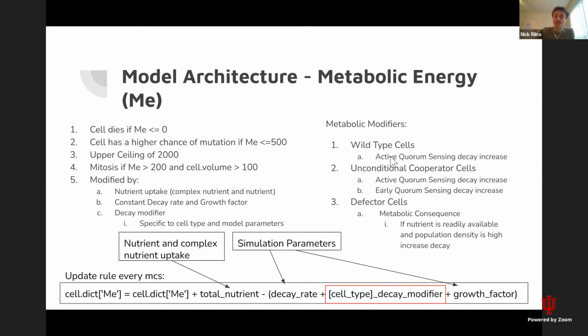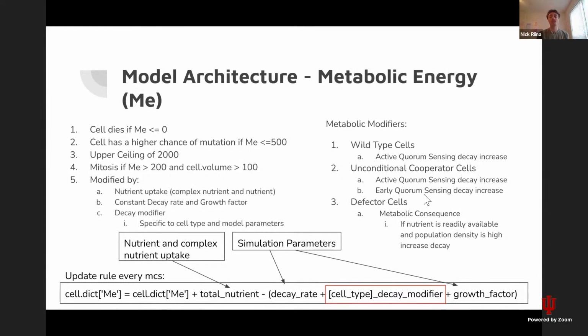I mentioned these a little bit here. We have the wild type cells, which have an increase to the decay when they are actively quorum sensing. As Logan said, these genes on an individual basis are more expensive, so we wanted to incorporate that. The unconditional cooperator cells, on top of that active quorum sensing, also have an early quorum sensing decay.